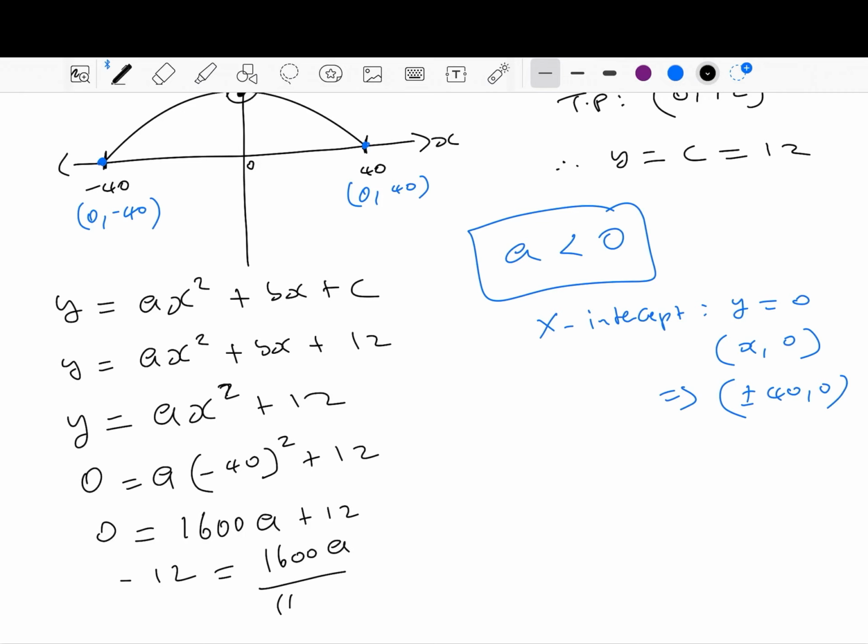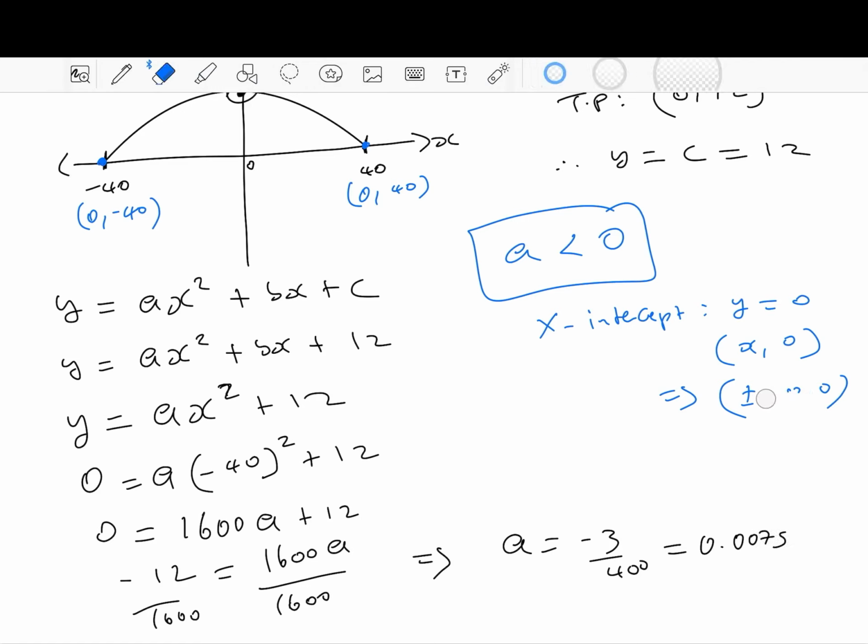Then you can divide by 1600 on both sides. So negative 12 divided by 1600 is negative 3 over 400. So your a is negative 3 over 400, which is essentially negative 0.0075.